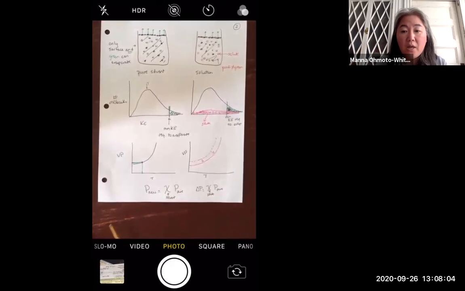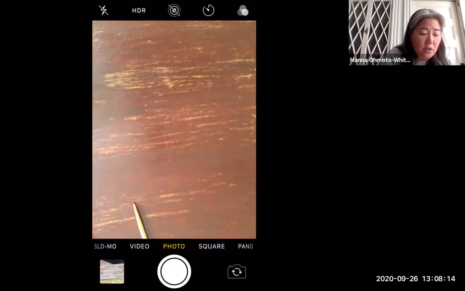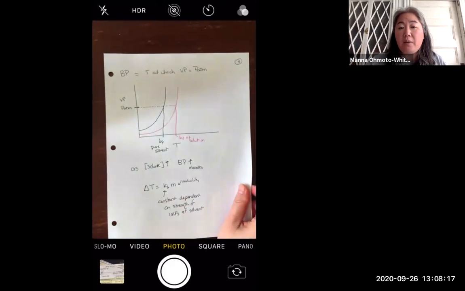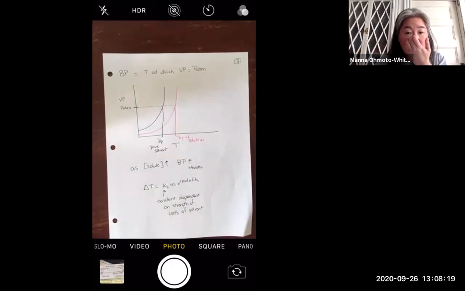And mole fraction would be moles of solvent over total or moles of solute over total? Well, vapor pressure is related to boiling point because the boiling point is the temperature at which the vapor pressure equals the atmospheric pressure.